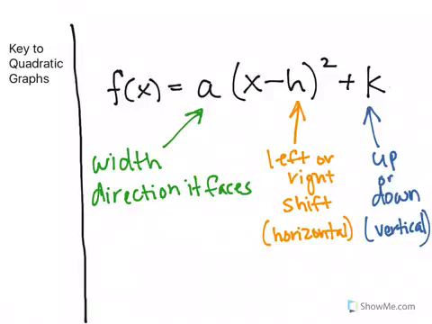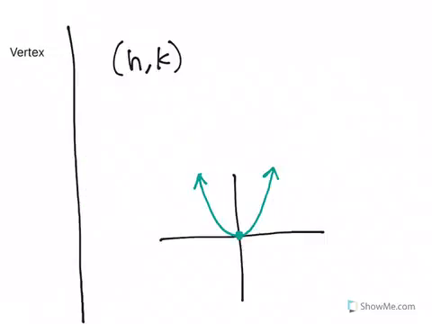But if you look back here again, the left or right shift tells us how our x coordinate changes, and our k value tells us how our y coordinate changes. This would be the vertex (h, k).